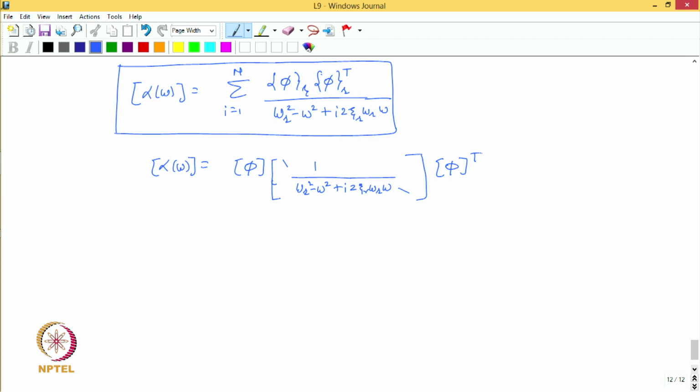So, this is a compact representation of the equation which is in the form of a summation. So, this is how we have got the FRF matrix.